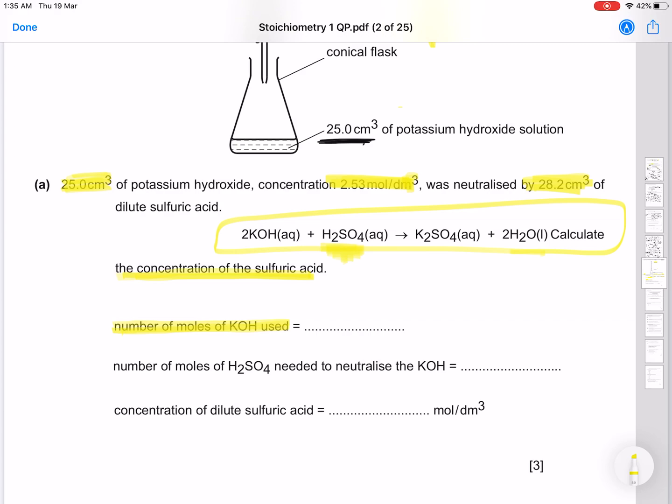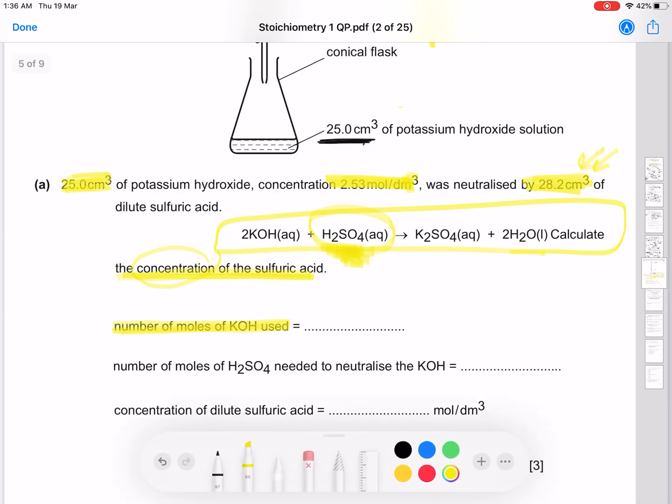And once I get that, I can easily get the concentration of the sulfuric acid because I already have the volume. This is how all the neutralization or titration reactions work. The good thing is that they're giving you the steps, step by step.